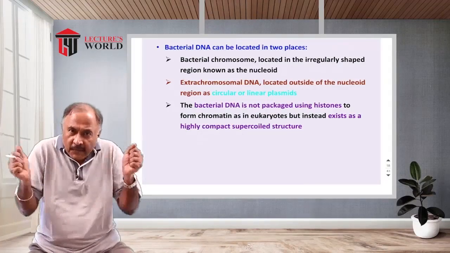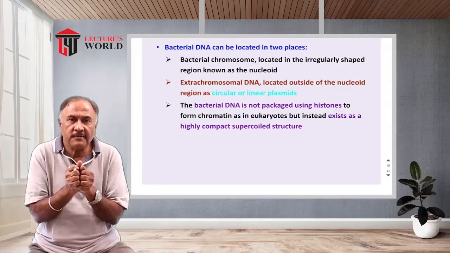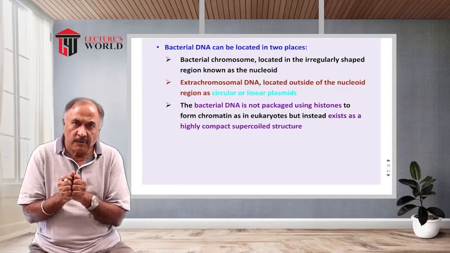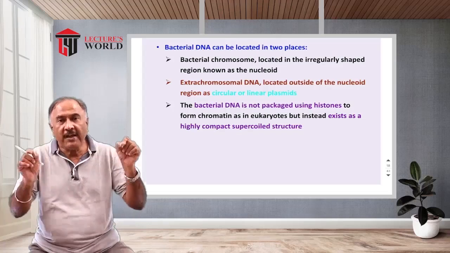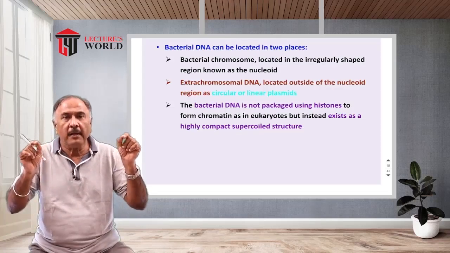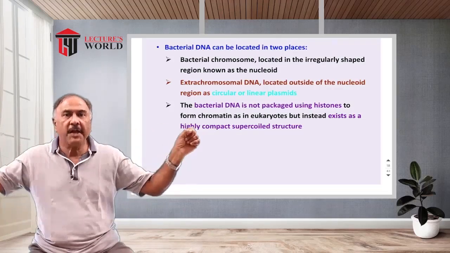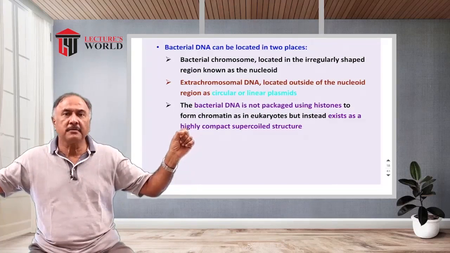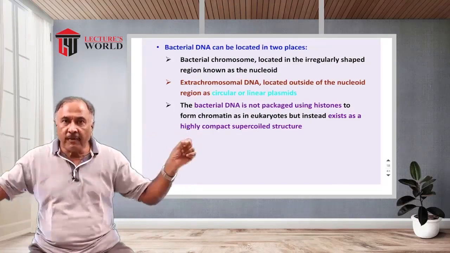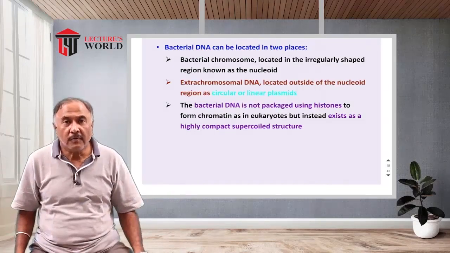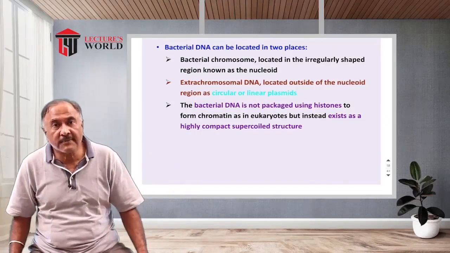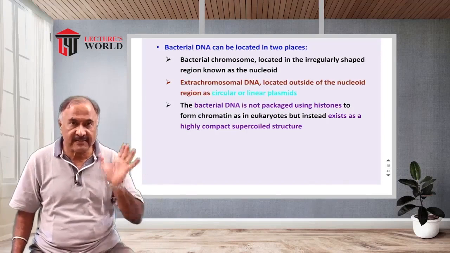Highly compact means they have to be reduced in size. Supercoiled structures. Otherwise, if you see the size of the bacterial DNA, if we stretch the entire bacterial DNA in a linear form, the size of the bacterial DNA would be more than 500 to 1000 times that of the cell size.